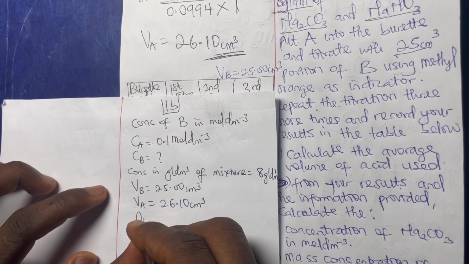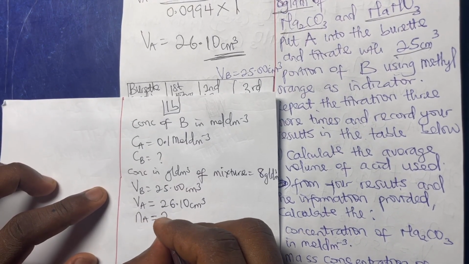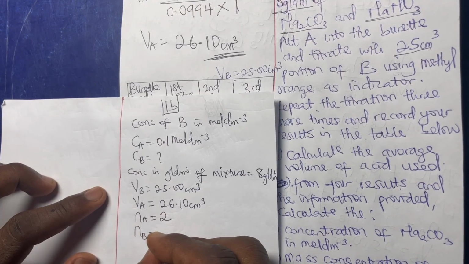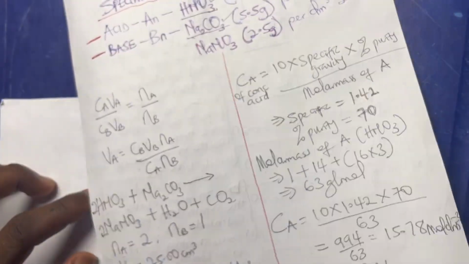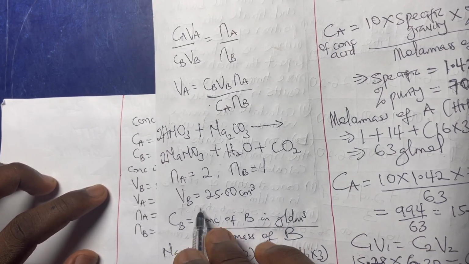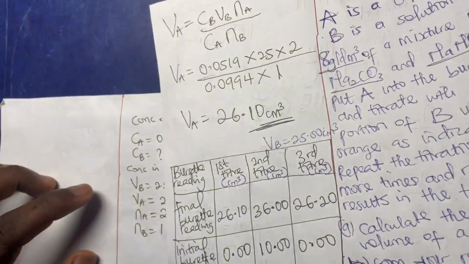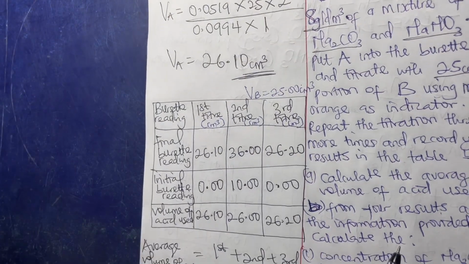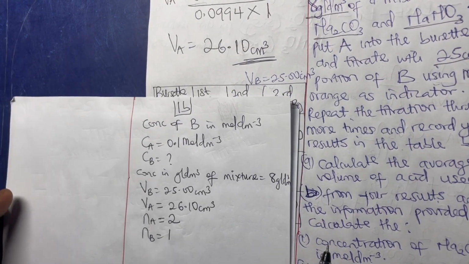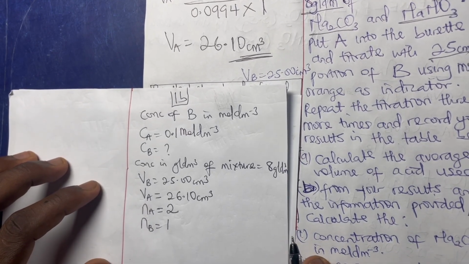So my Na will be 2, whereby my Nb will be 1, according to what we see here. Na is 2 and then Nb is 1. All right. So after having this, that is all we are given.